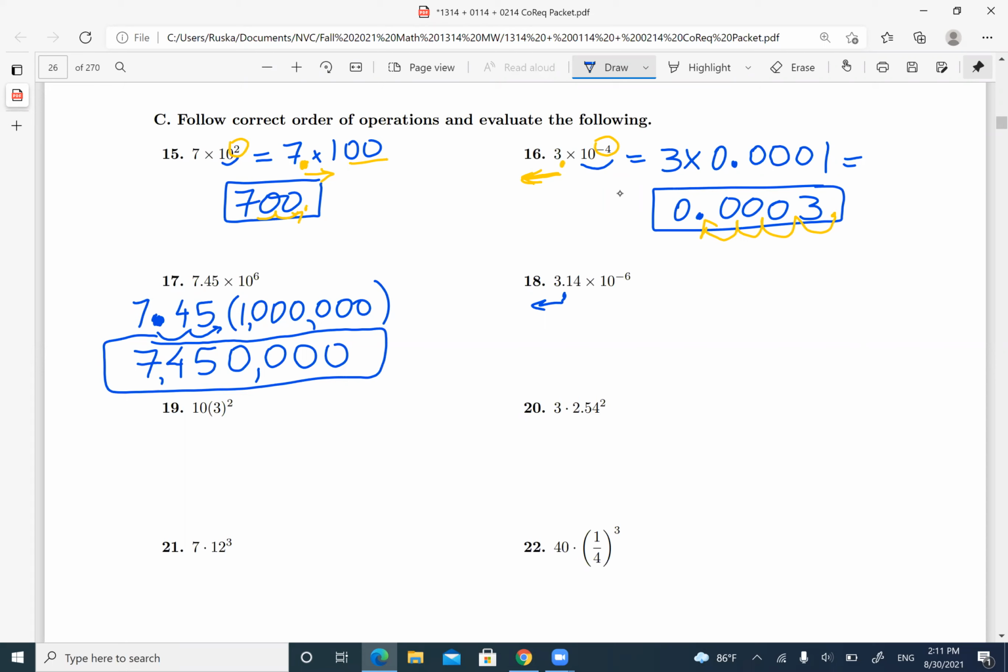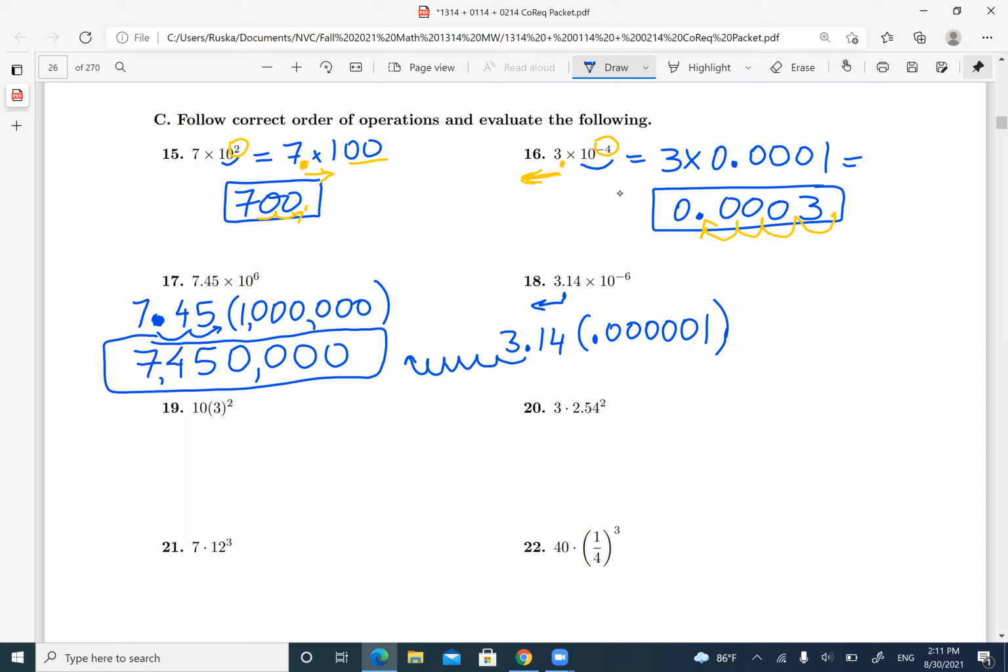Or technically I need to multiply 3.14 by 0.000001. And when I do that, I'm going to move this decimal 6 places. So it's 1, 2, 3, 4, 5, 6.